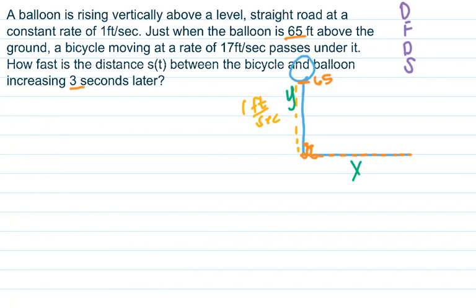So let's just get a thorough picture. Let's say after 1 second, the bicyclist is here. After 2 seconds, the bicyclist is here. After 3 seconds, the bicyclist is here, right? So we want to know the distance between the balloon and this bicyclist 3 seconds later.